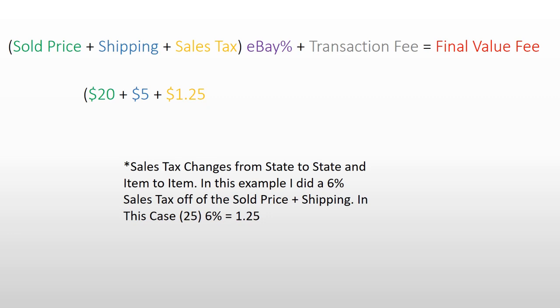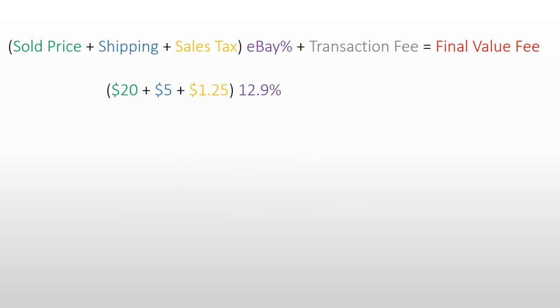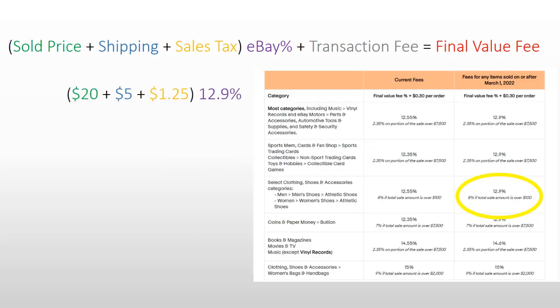So you're going to take that total and multiply it by 12.9%. Again, I got this from that table we were just looking at. This percentage number is going to change depending on what category you choose to sell in and whether or not you have an eBay store. So for this example, I've decided to show you what it looks like not to have an eBay store, and I chose clothing, shoes, and accessories as the category here.